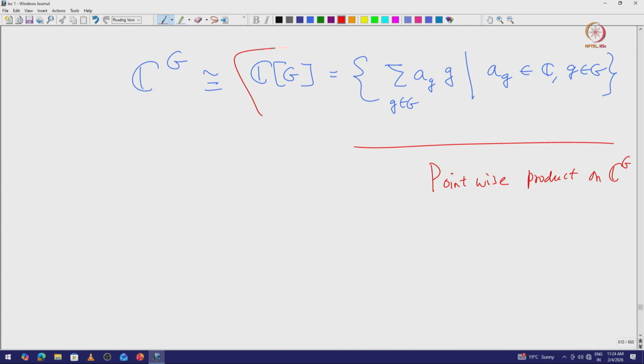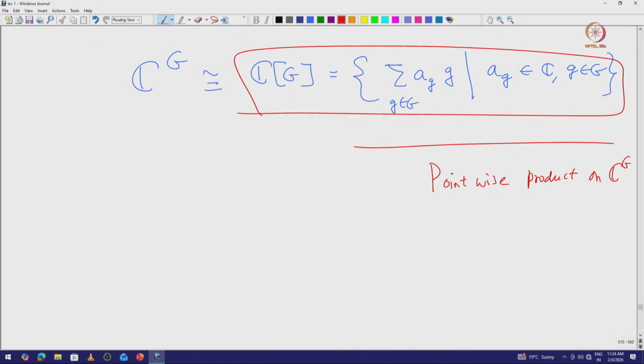When you are thinking of it as the group algebra, we do not see the pointwise product, but when we think of it as complex valued functions from G, then we can talk about pointwise product. So, how is this defined? Given A, B in C^G, define A dot B of x to be just A of x times B of x for all x in G.